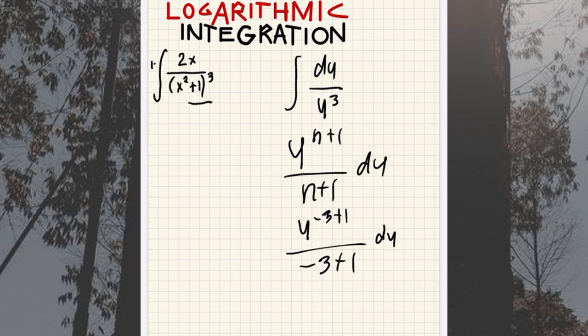It will become u raised to negative 2 over negative 2 plus c.